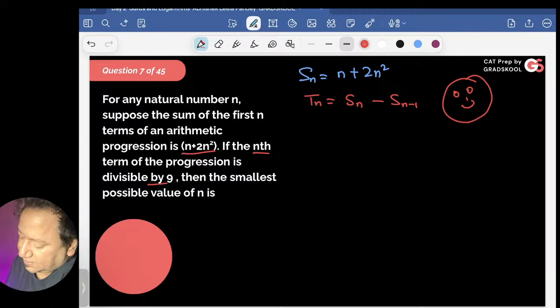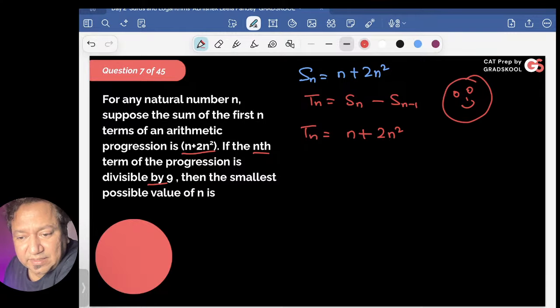Did you understand? So Tn, Sn is what? n plus 2n squared. What will be Sn minus 1? This is the function of function, nested functions.